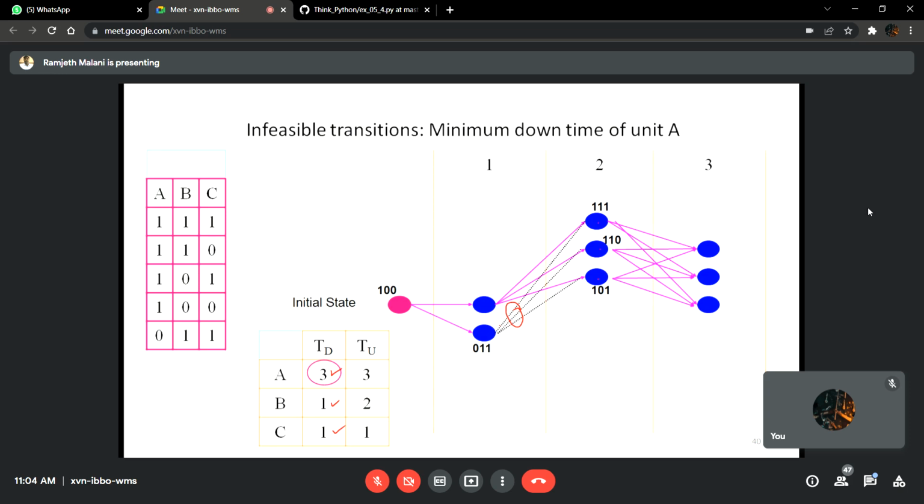So we have drawn all the feasible paths, and we are neglecting the infeasible paths now.